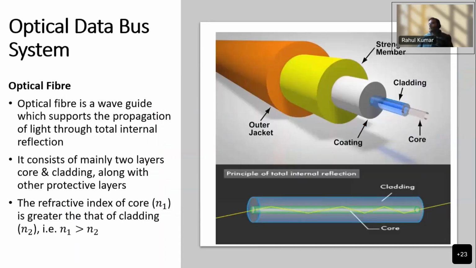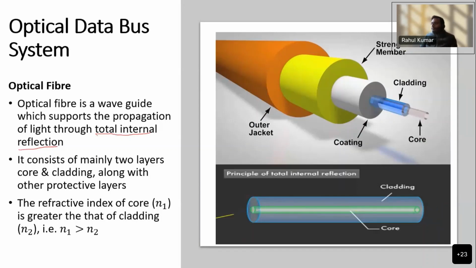Now these optical fibers or optical data buses work on the principle of total internal reflection. These optical fibers are basically waveguides consisting of a glass cylinder with two layers.